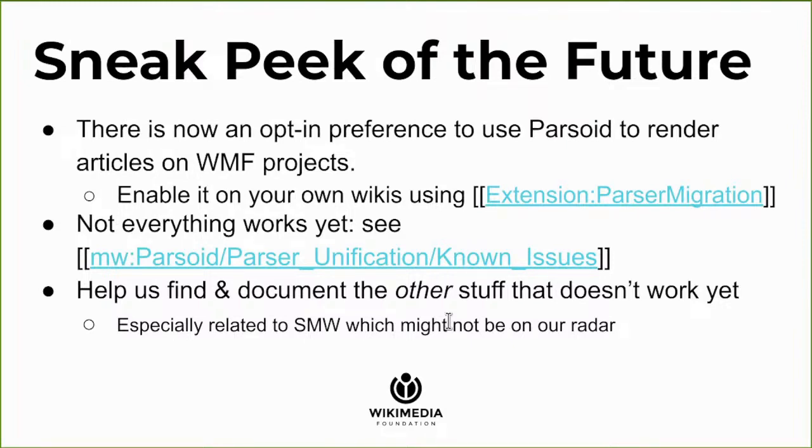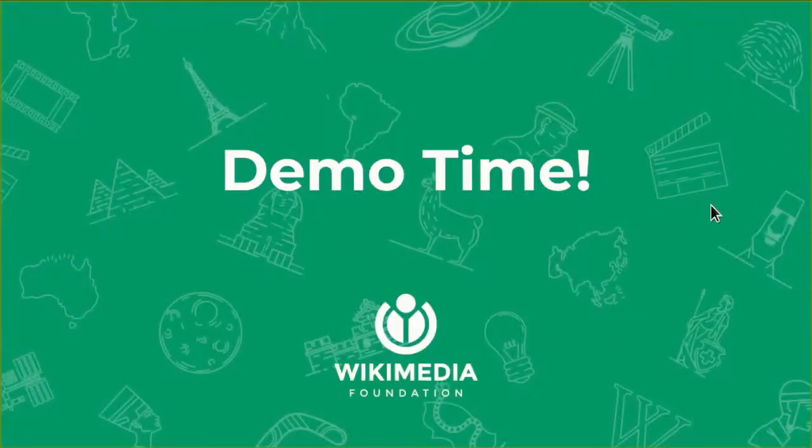If you're running master, you can sort of play along right now. But this lets you get an early peek at how well Parsoid supports the extensions you're running on your wikis. You can install Parser migration. You can turn on Parsoid rendering and see which pages would have issues. So let me just show you how to do that real quick.